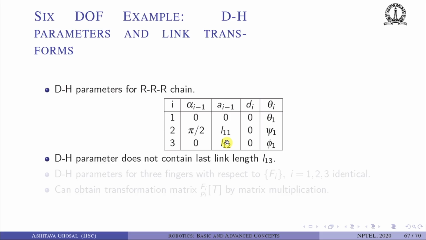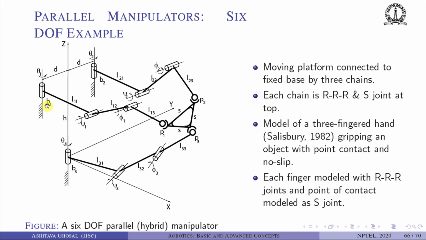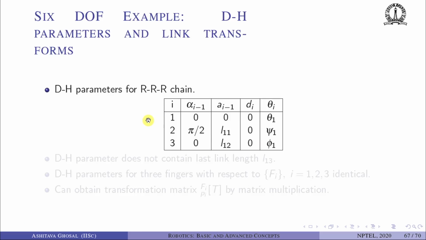What is L11? L11 is the distance from this point to this point, and L12 is the distance from this to this point. L13 does not appear. Why? Because the DH parameters go from the first joint to the origin of the last link, so it does not know about L13. So these are the 2 DH parameters for the first RR chain.